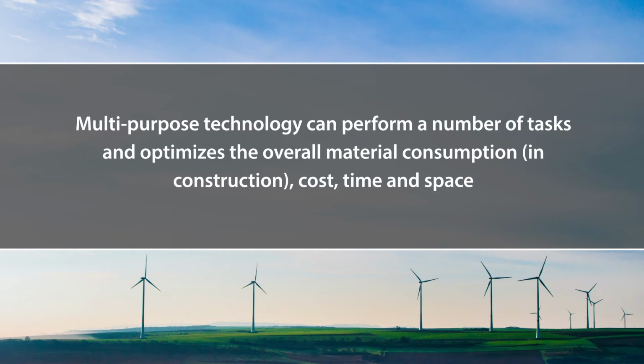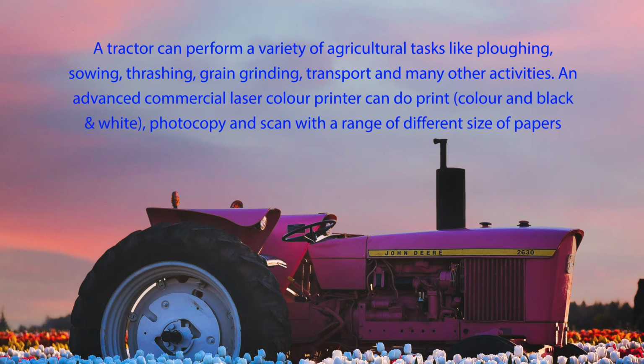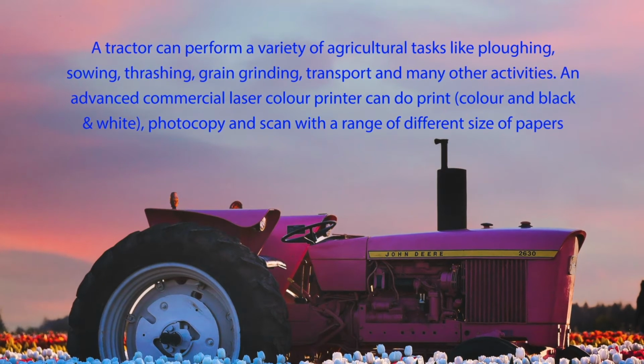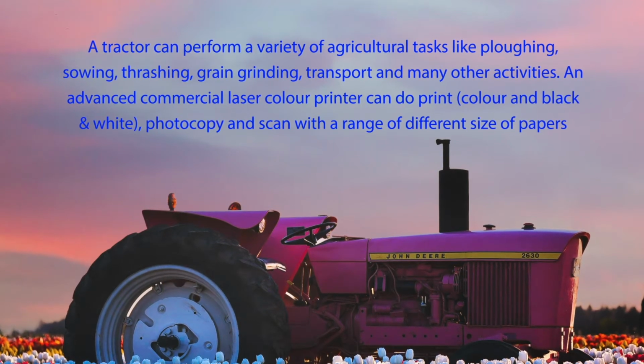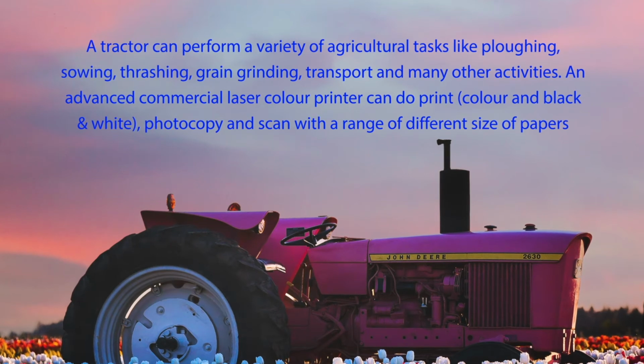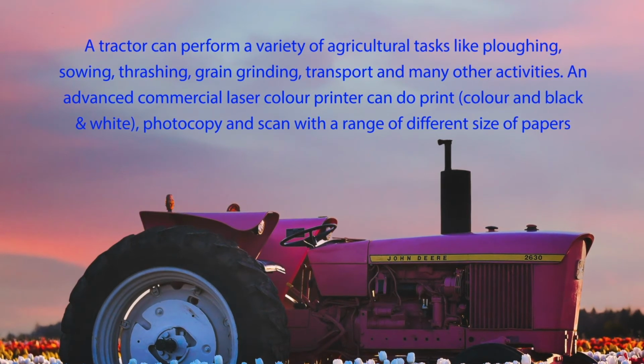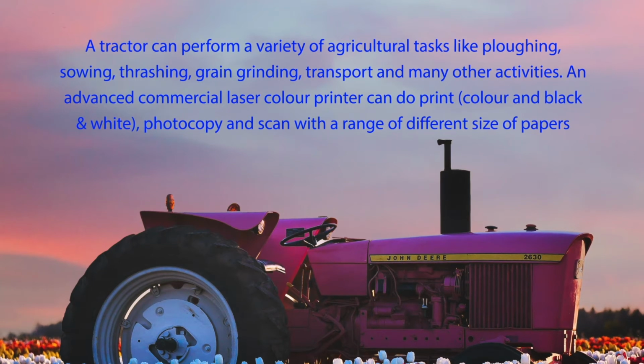For example, we have a tractor which can be used for human transportation. It can also be used for transporting agricultural produce. It can carry your vehicles also, and it is also used for plowing your fields. So, a tractor is doing 4 kinds of jobs, so it is multitasking. From one tractor you are extracting different kinds of purposes or jobs. So, here a tractor is an example of multi-purpose technology.